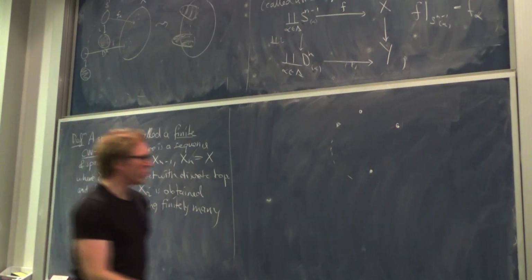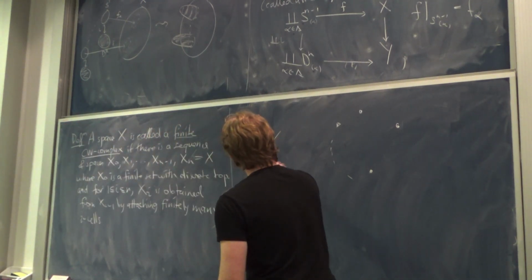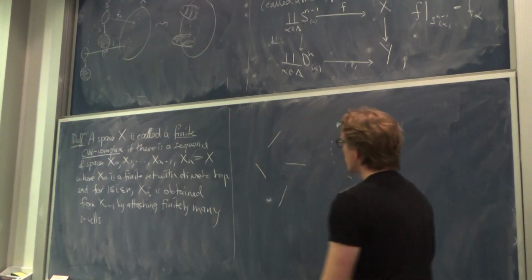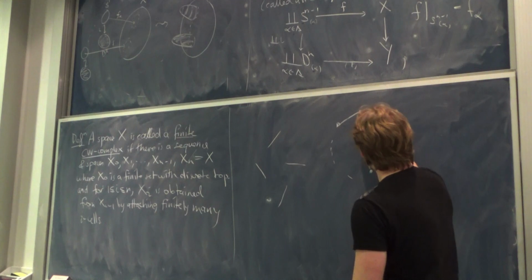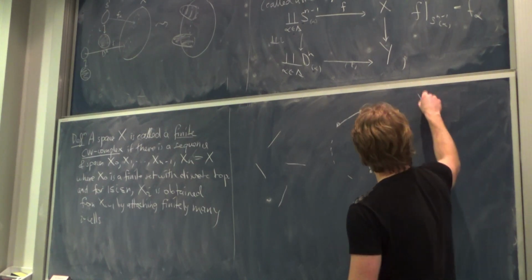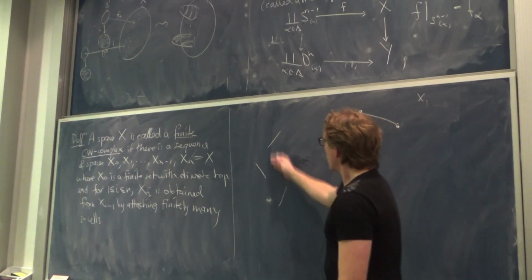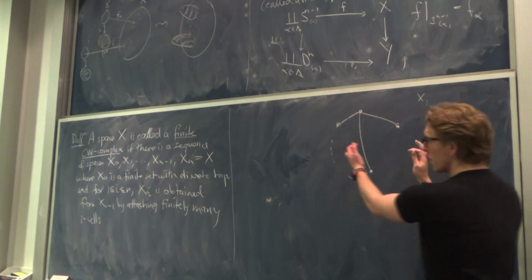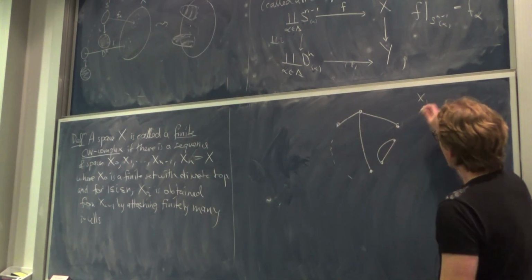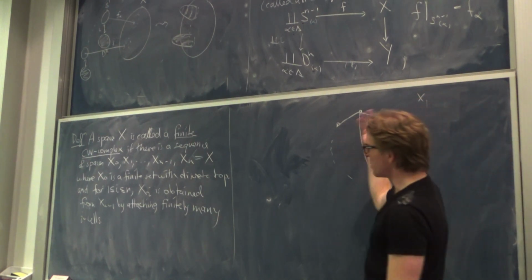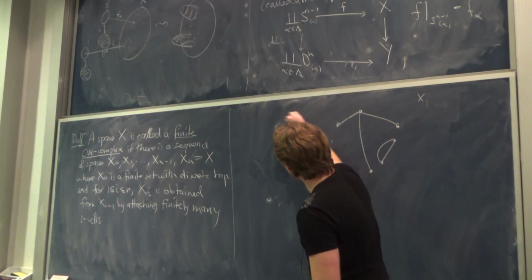So x1 would be the result of taking some finite union of intervals and gluing them in, which should have the result of making something that looks like a graph. That would be x1. So x1 is the result of the gluing, so it looks like that. And then to form x2, I would take the disjoint union of this with a bunch of disks.